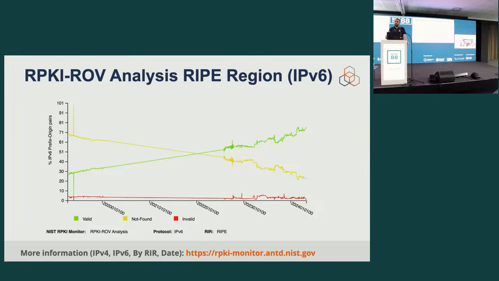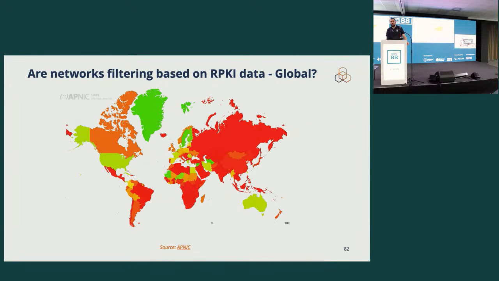But these statistics are for the IP address space that is being covered by ROAs. The next pieces of statistics are provided by our sister organization, APNIC. I have to say, this is not 100% accurate, but it gives you a good indication of whether networks are doing validation based on RPKI data.